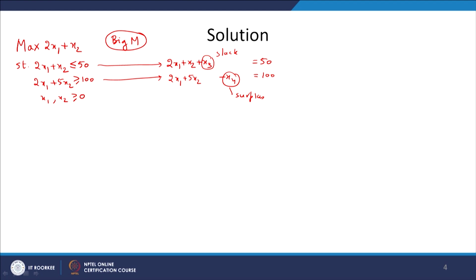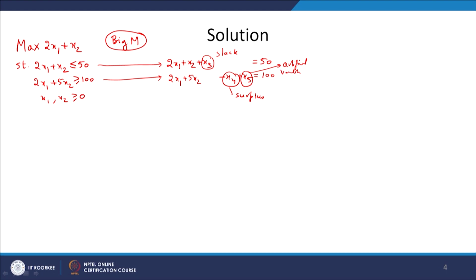But we have to start the simplex procedure with a BFS, and there is no basic variable in the second constraint. Therefore, we will need to add x5 in the second constraint, and as you know, this is called an artificial variable.